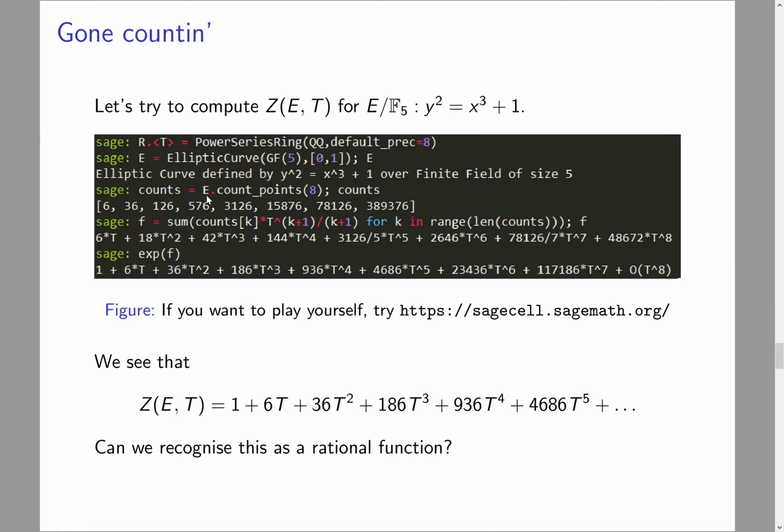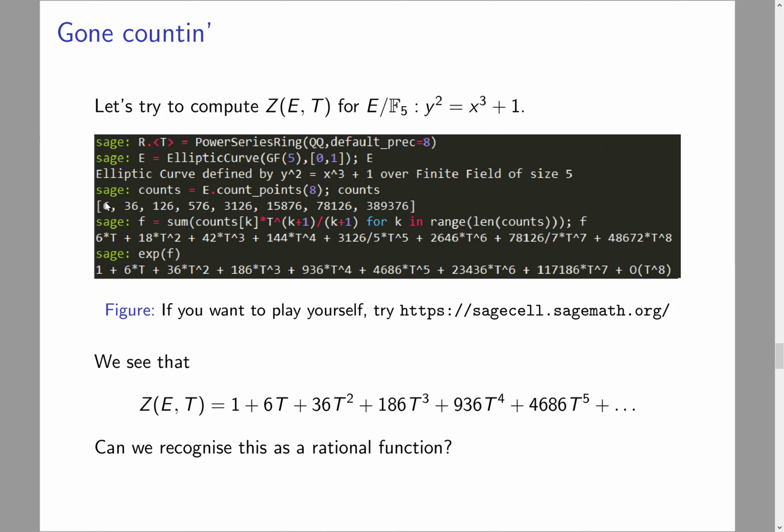So I've just made a list here by going e.count_points(8), which means count the points over each of the extensions of F5 up to F5 to the 8. So F5, F25, F125, F625, and so on. This is the set of numbers that you get by counting how many points it has over each of those extensions.